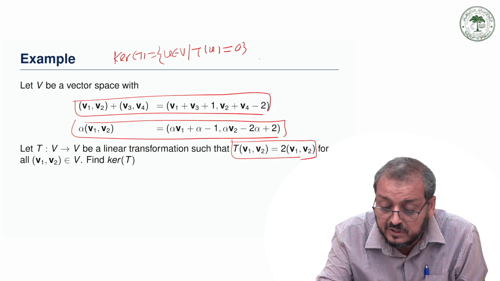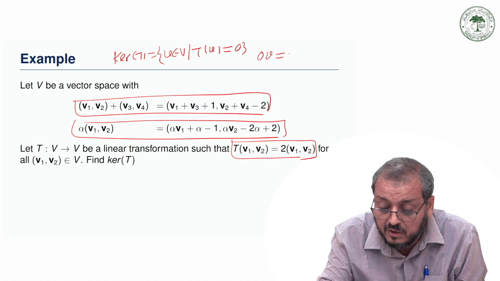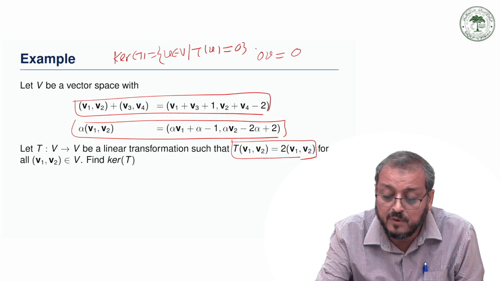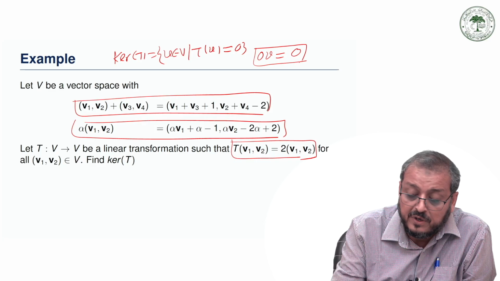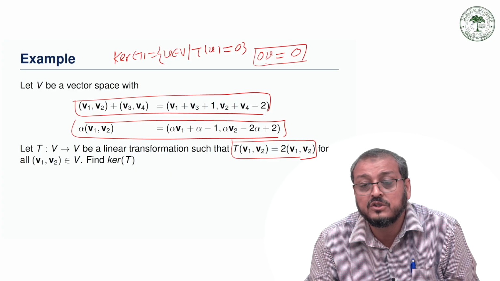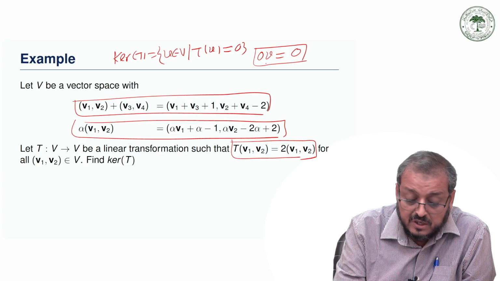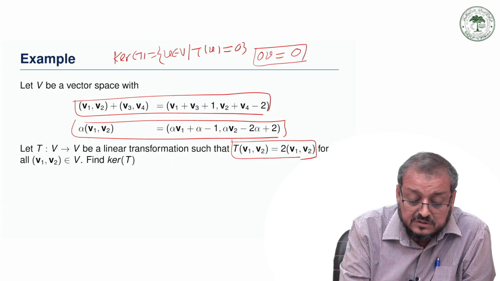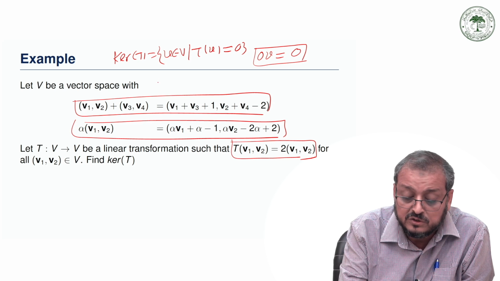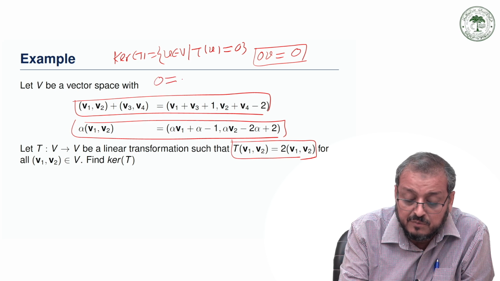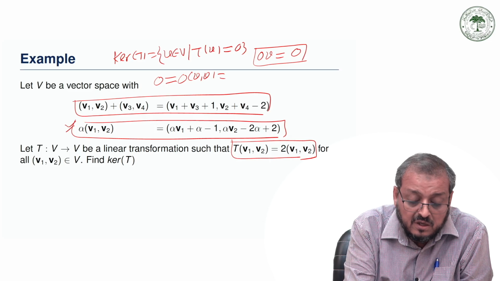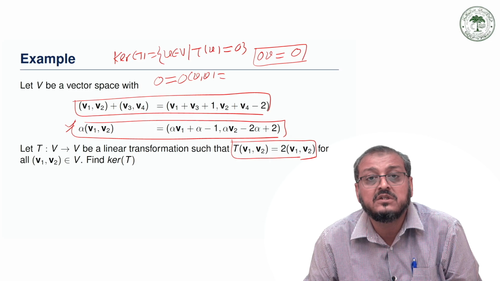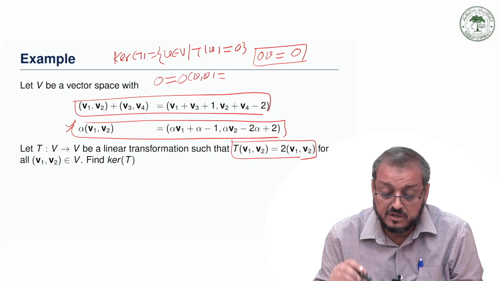We also know that 0 times v is equal to the zero vector by the property of a vector space. So, the zero vector can be written as 0 times (v1, v2), using the scalar multiplication defined for this vector space.